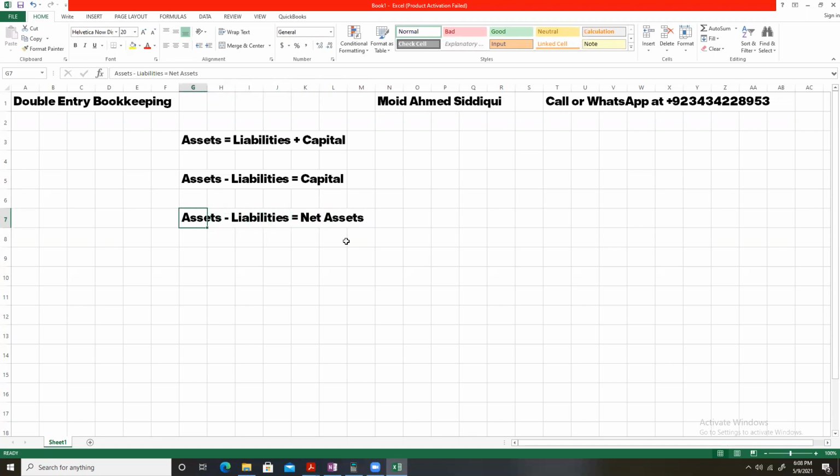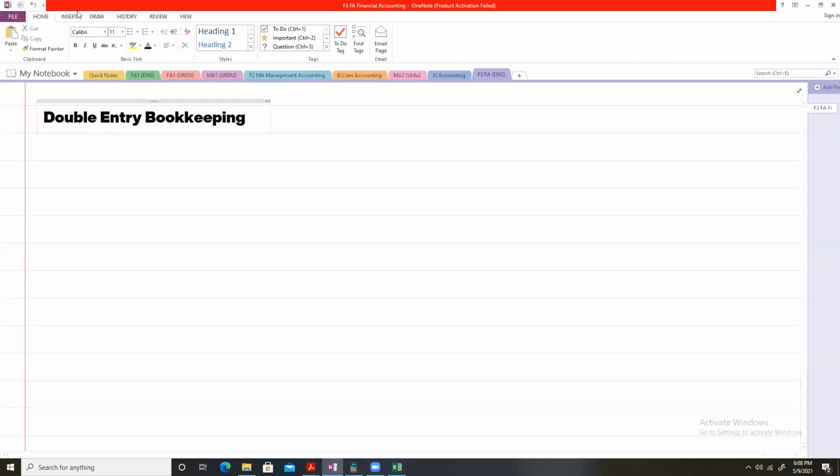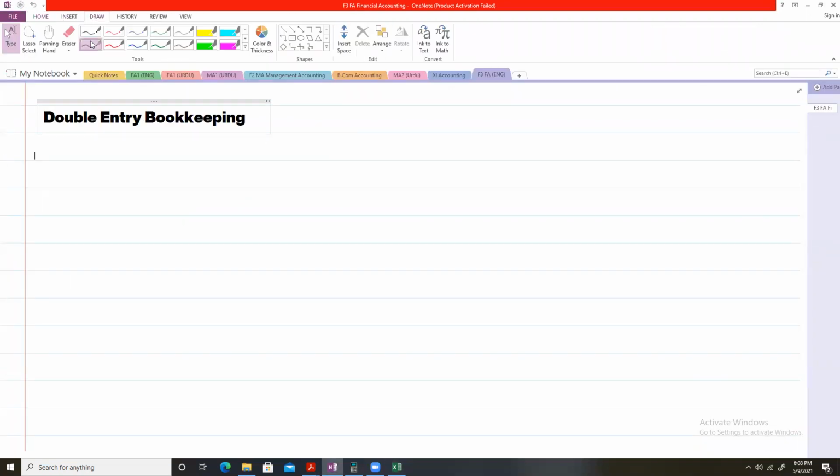So net assets is another term for the capital that is invested in the business. Now, I have already shown you the capital T account. There are a number of things that you still need to know about the capital account.